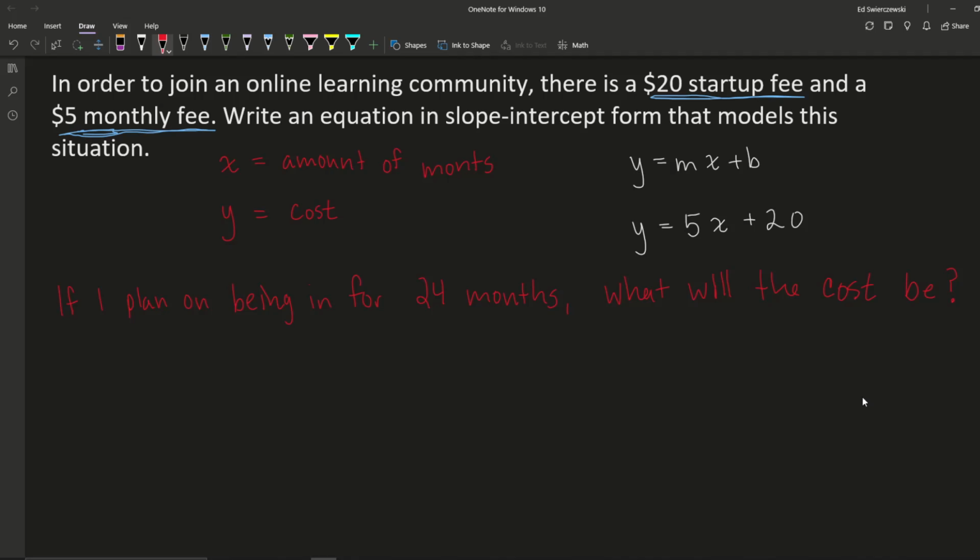So think about this. What am I going to need to plug in, or where do I plug this 24 in?